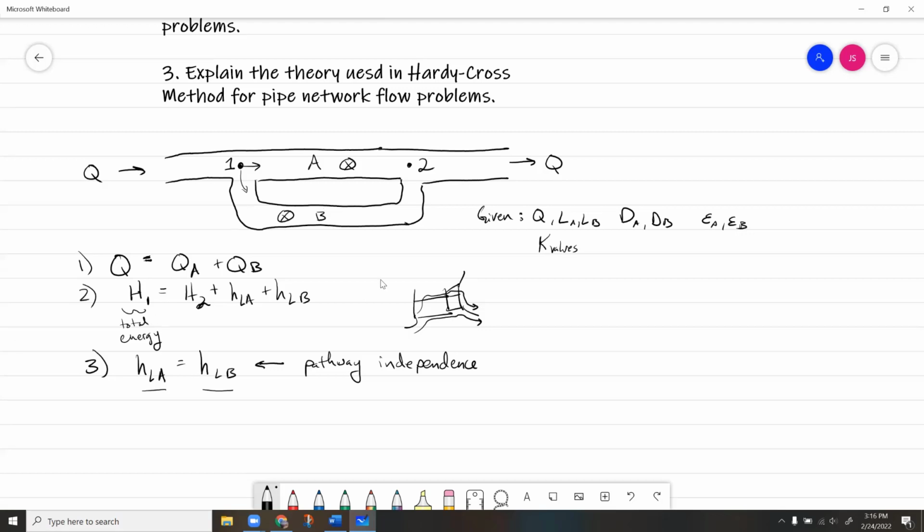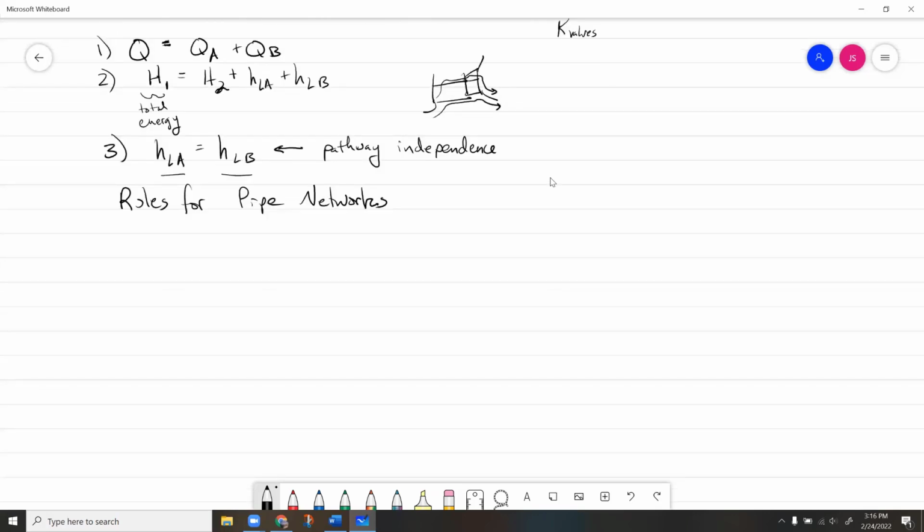So the rules then that we'll use, rules for pipe networks. First is that the sum of flows coming into a point in a pipe, a branch in a pipe, is equal to the sum of the flows that are leaving that point.